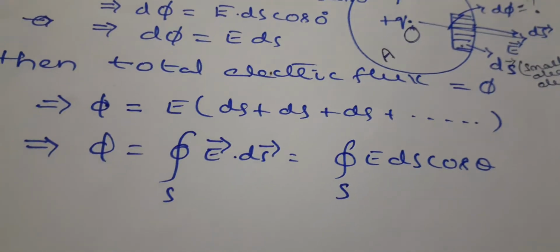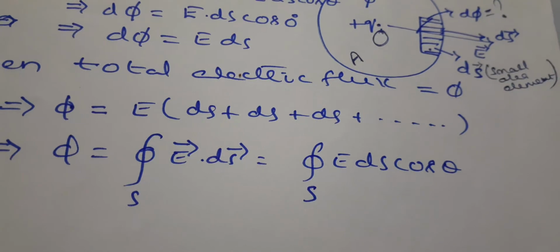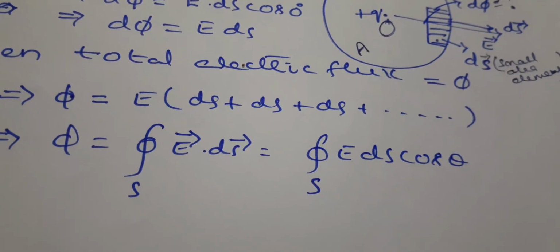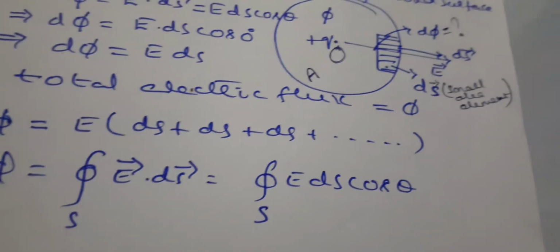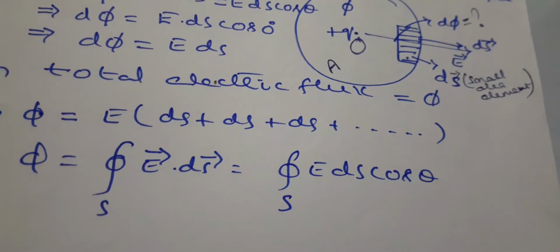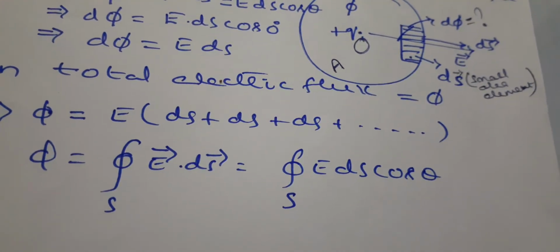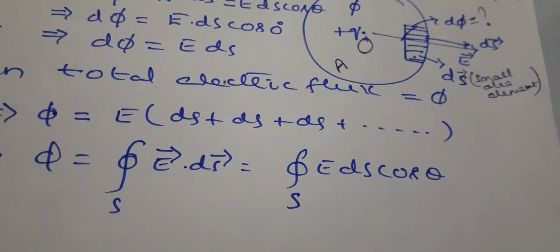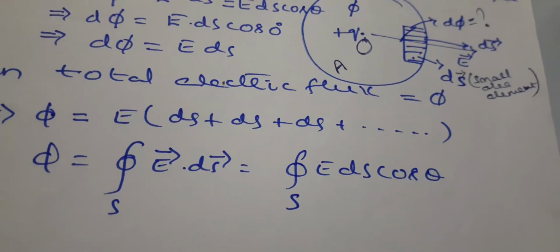That is why the total electric flux phi is written as E dS plus E dS and so on. The sum of all these area elements can be written as a sum, meaning integration.